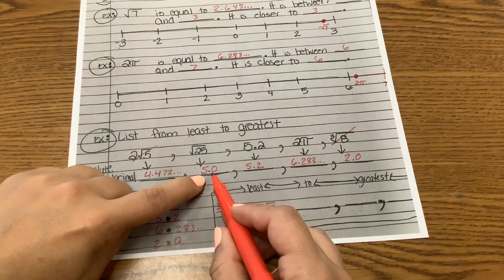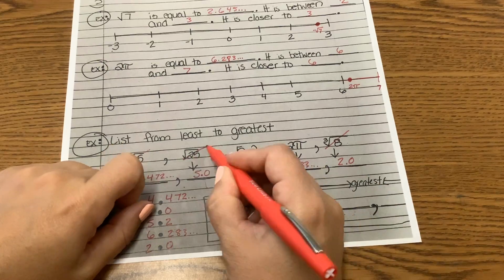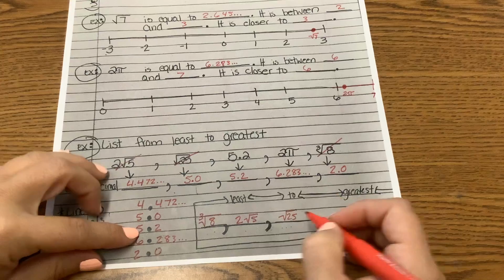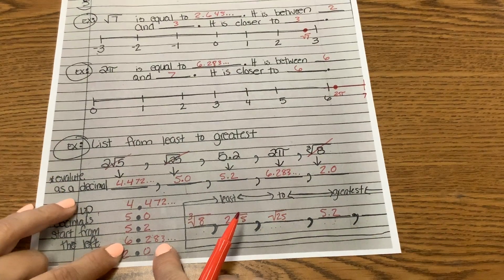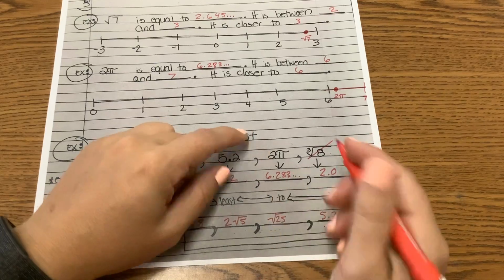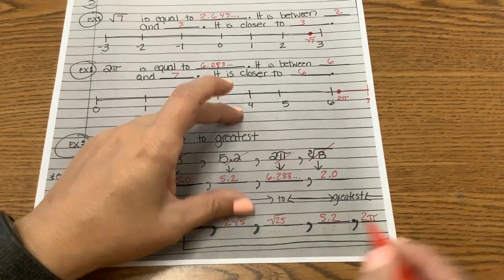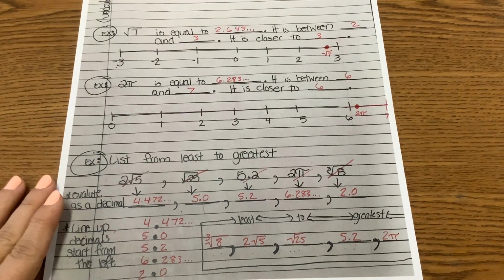So 5.0, which is the root of 25. Then 5.2 would be next, which was the original value. And our greatest value is 6.283, which was 2 pi. And that covers our notes for week 1.